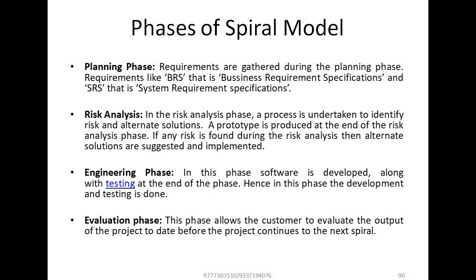Source code is written, and testing means whatever code is written in the coding phase, whether that code is totally correct or some type of bugs or errors are present, that may be tested by the testing team present in the company. So the engineering phase is nothing but my coding and testing phase.